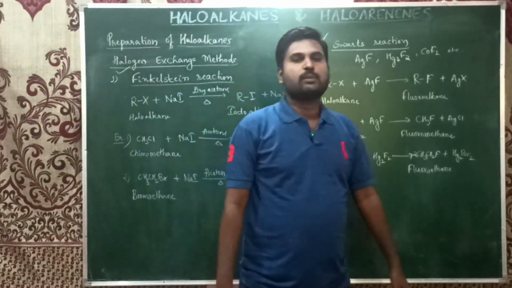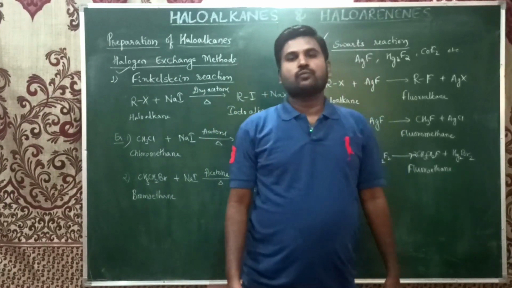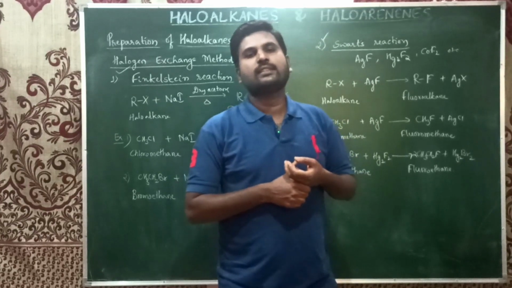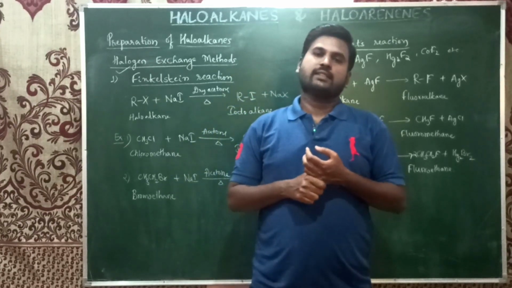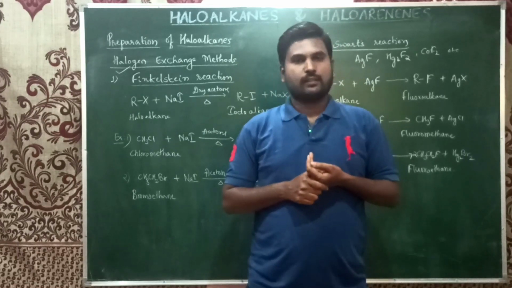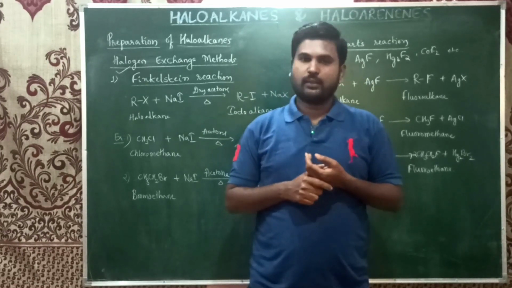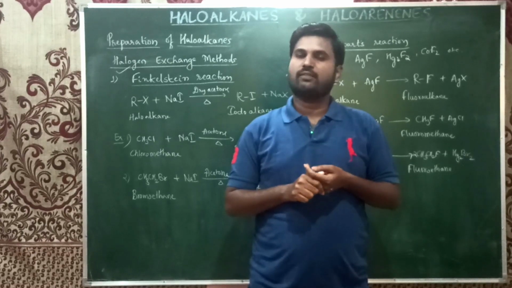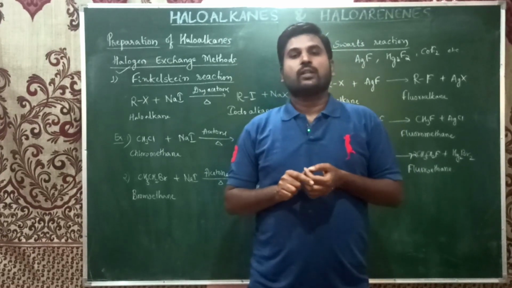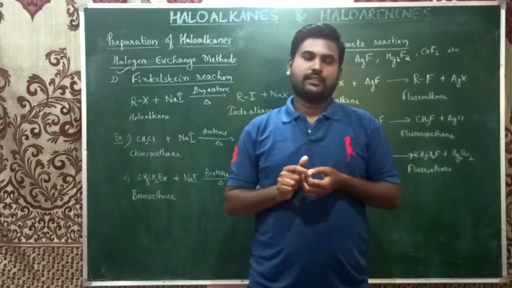Okay, this is about the preparation of haloalkanes. So we have prepared haloalkanes from alcohols using three reagents. The first reagent is halogen acids. The second is the phosphorus halides, phosphorus trichloride, tribromide, and also phosphorus pentachloride. And also using thionyl chloride, that is the Darzens reaction.